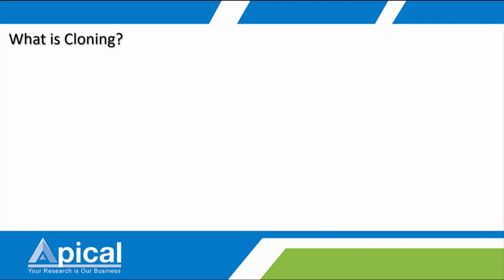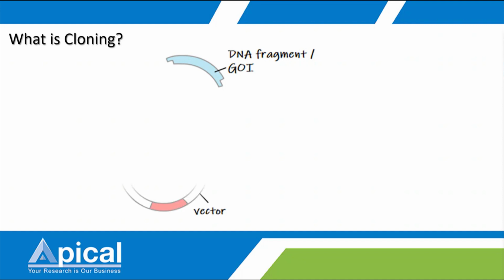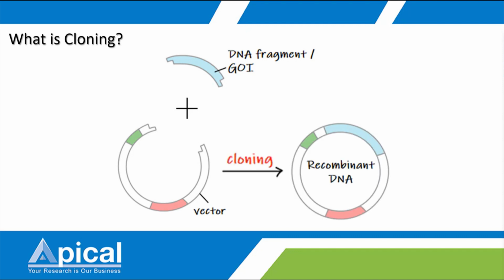What is cloning? Cloning is a technique in molecular biology to insert a DNA fragment, which is your target gene or gene of interest, into a vector, a bigger DNA. This generates a product we call a recombinant plasmid.